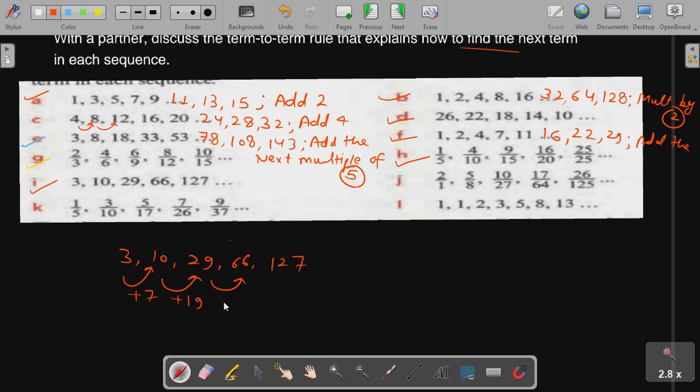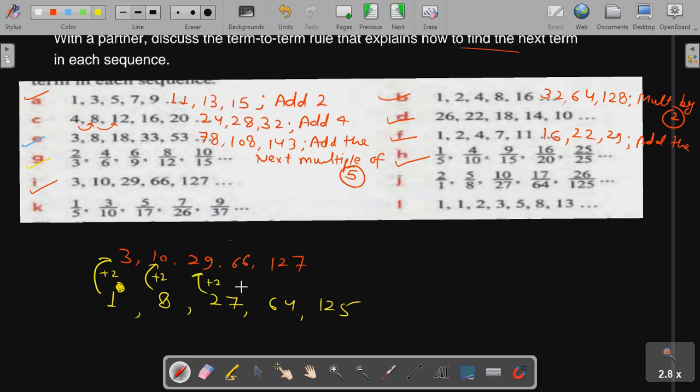Okay, if I add plus 7, plus 19, then this is not any rule. So we have to think again. Okay, I can see that 1 cube is 1, 2 cube is 8, 3 cube is 27, 4 cube is 64, and 5 cube is 125.